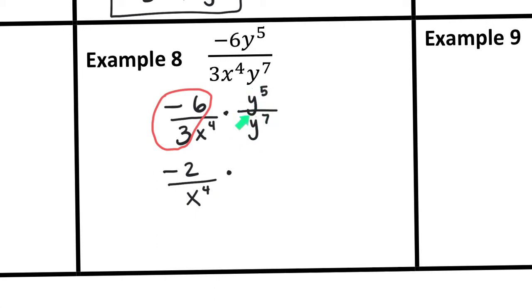The bottom has more y's, so we're going to end up with y squared on the bottom and a 1 on top. And so if we multiply across, what's negative 2 times 1? That's negative 2. And what's x to the 4th times y squared?